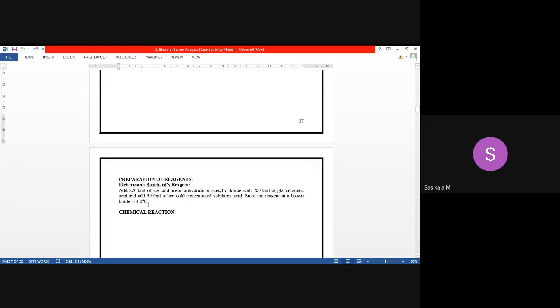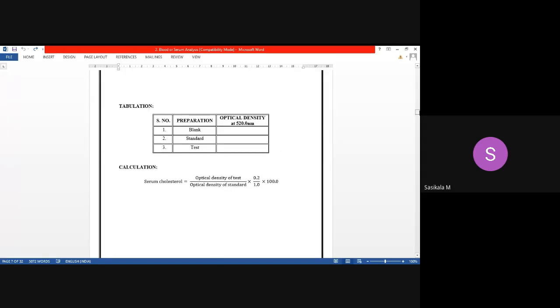What will be the temperature? 4 degrees Celsius. What is the quantity of acetic anhydride? 220 ml. What is the quantity of glacial acetic acid? 200 ml. Concentrated sulfuric acid is 30 ml. So everything should be stored for further use at 4 degrees Celsius.